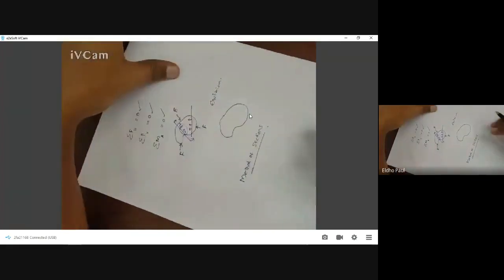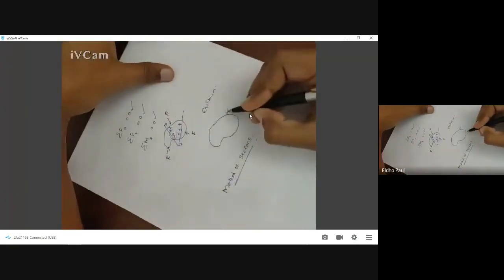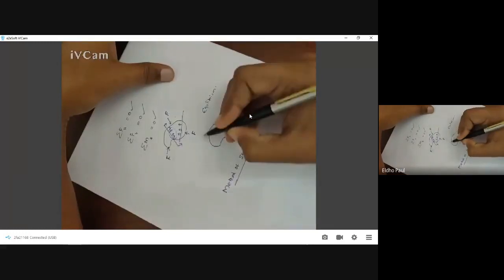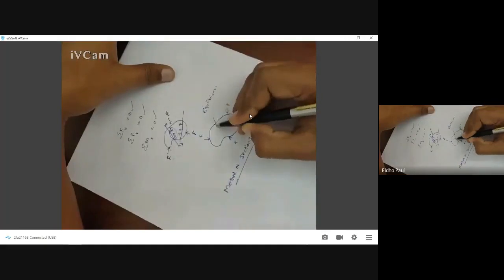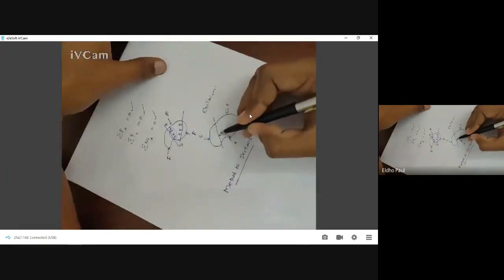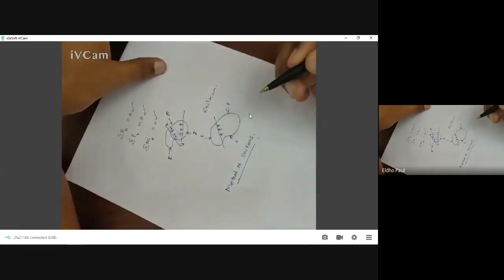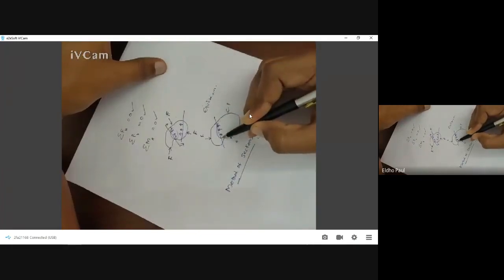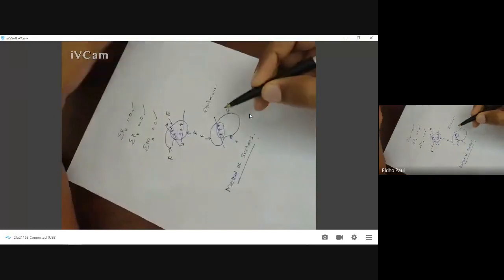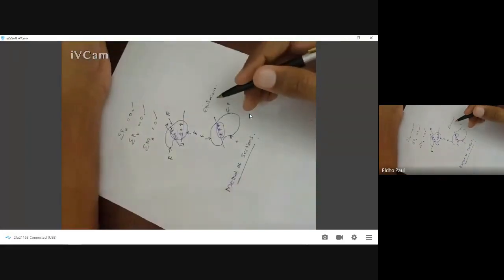So in the last class we studied that when a body experiences any type of external force, internal force will be developed across any cross section of the body, and this internal force is actually responsible for the deformation or fracture of the body.